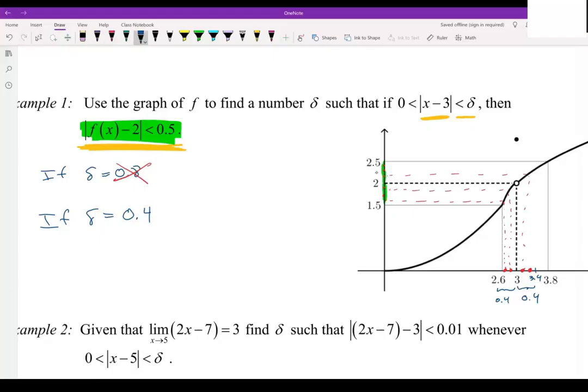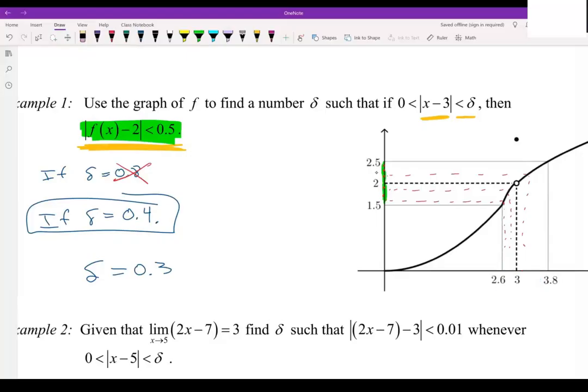And if you're thinking, okay, that's good, he got an answer, good job, he messed it up the first time, but he got it this time. Would delta equal 0.3 work? Well, sure, it would just tighten it up even closer, meaning I would end up going between 2.7 and 3.3.